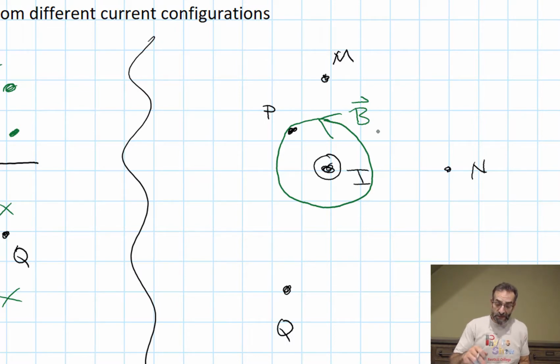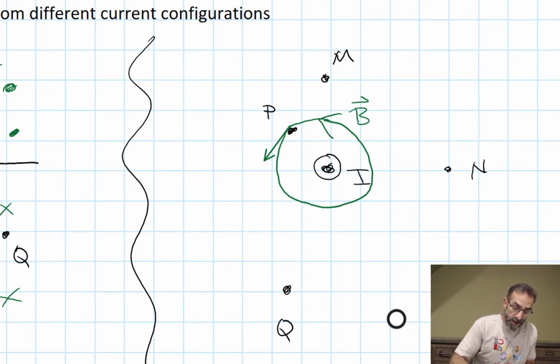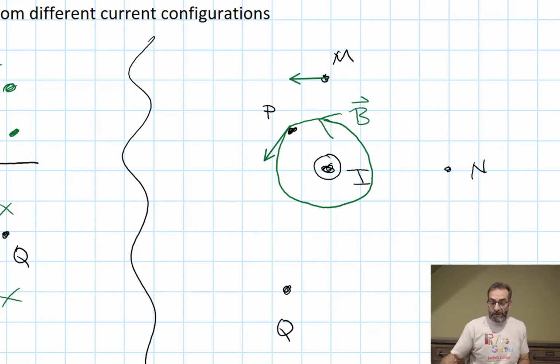If I'm standing at point P with my magnetic field sensor out, it would point tangent to the magnetic field line. If I was at point M, my magnetic field would point to the left, tangent to the magnetic field line.